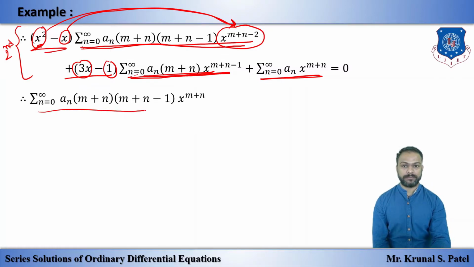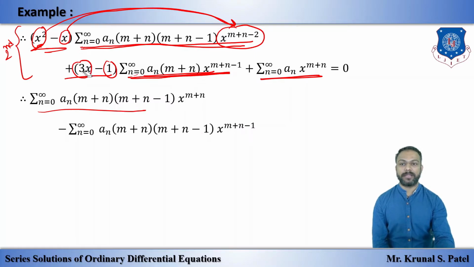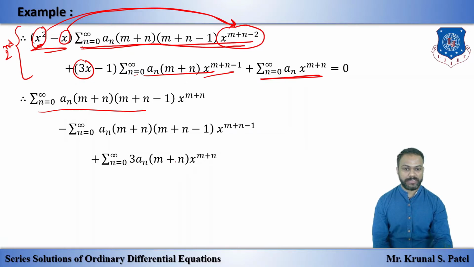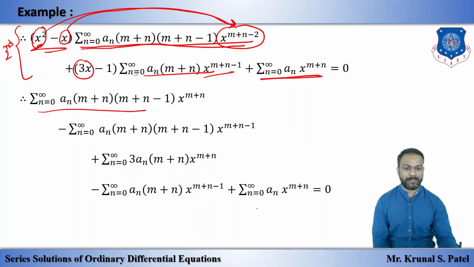The first term is by multiplying x square with this sigma, and minus x multiplied with this sigma. Now we will multiply 3x with the entire sigma. So 3 comes with this constant and x goes with this x raised to m plus n minus 1 plus 1, that means x raised to m plus n. So this is our term. And second, if we multiply minus 1, it is minus of this as it is, and this last term as it is.